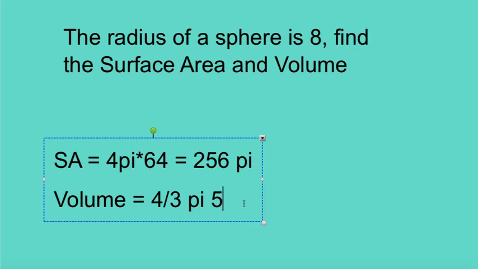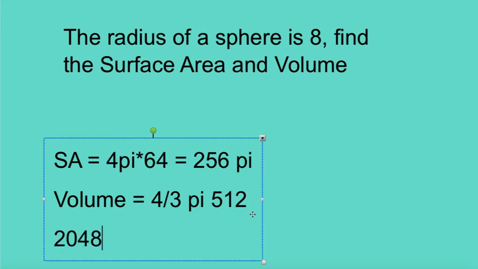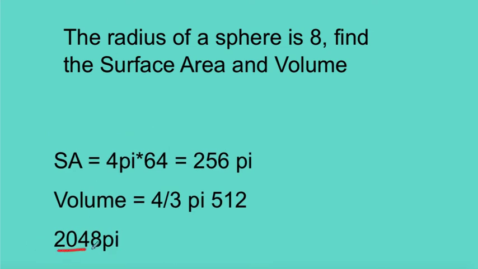So then we do 512 times 4, which is 2,048 pi over 3, okay? So divided by 3. And if you could simplify that, you would, but you would not leave that as a decimal. That would be your exact value.